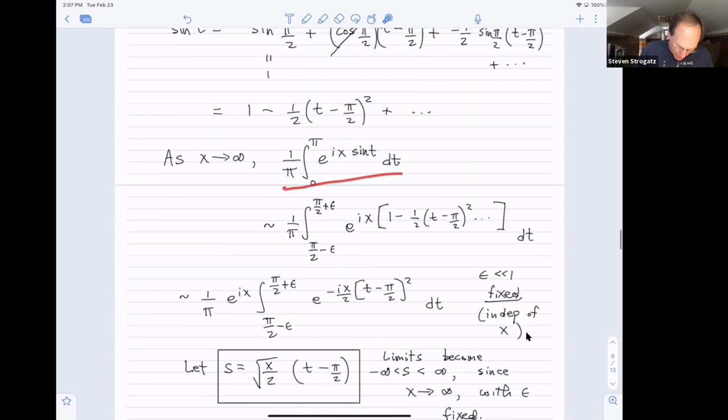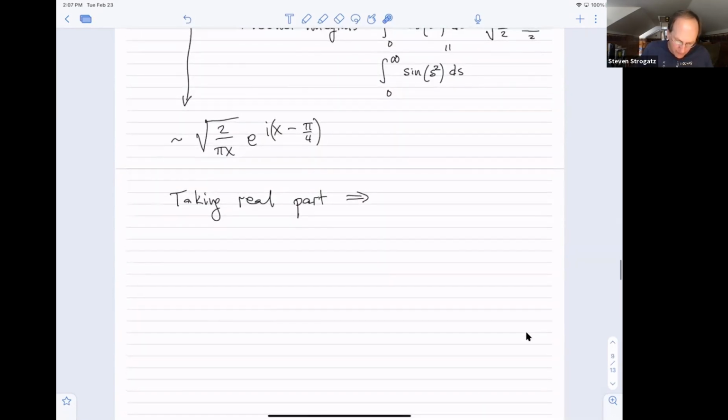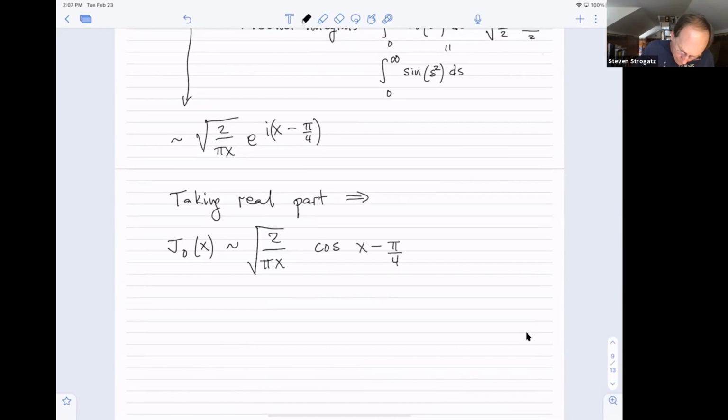Okay, so taking the real part of this answer, I get that J0, according to this, should be 2 over pi x, all inside a big square root, cosine of x minus pi over 4.